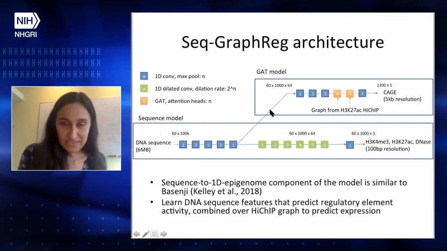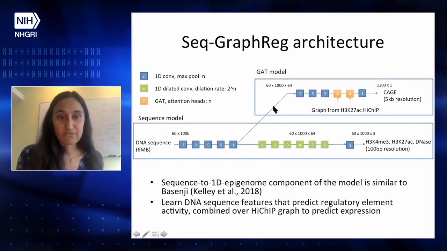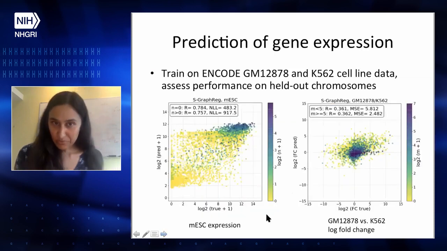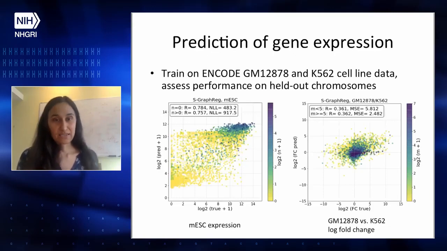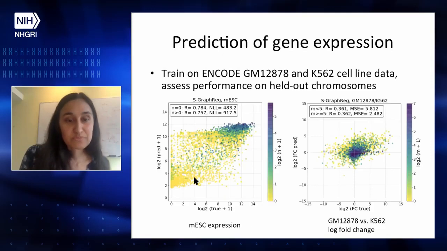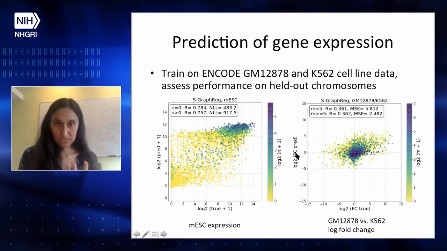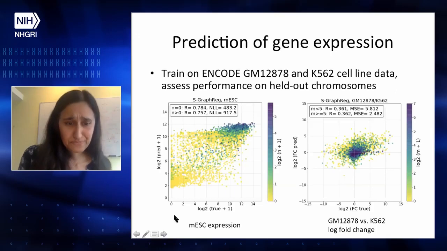The novel part is the top path that uses the graph attention network. And again, the sequence model is a harder task, but we can evaluate on held-out chromosomes and look at true expression versus predicted expression, or fold change versus predicted fold change. And again, it's a reasonable correlation.